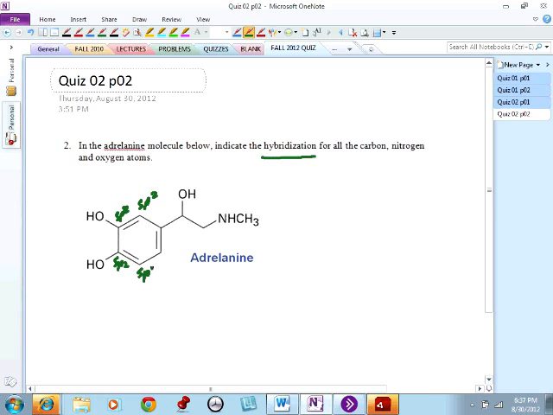This carbon, this one. About this one here, sp3. About this one here, what is it, sp3? Is that okay with everybody?